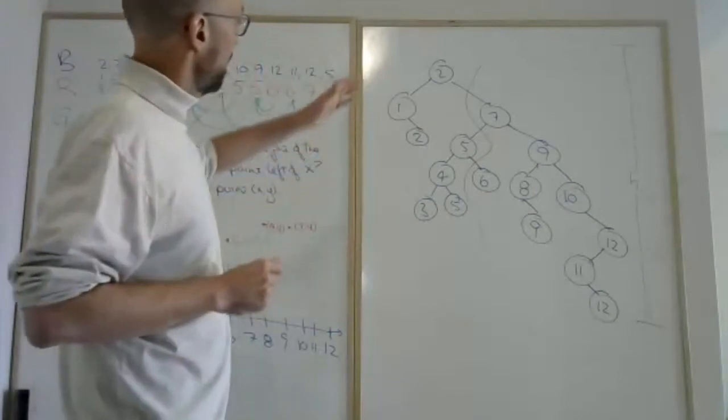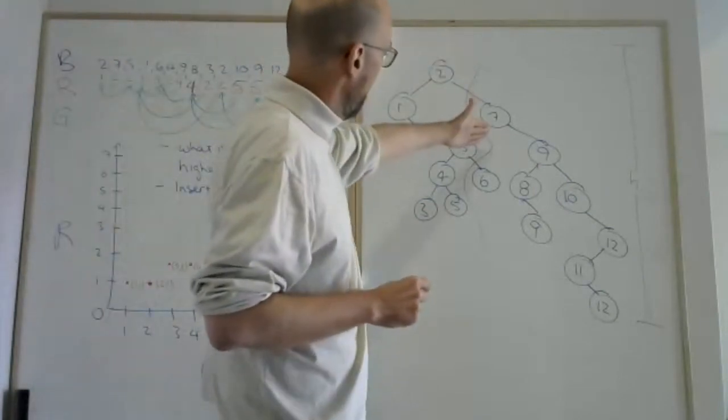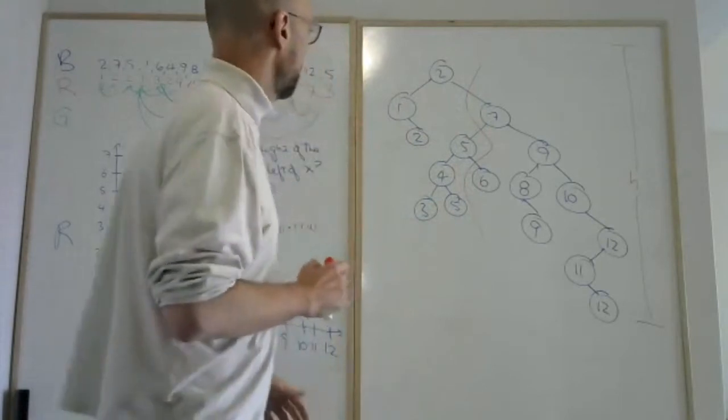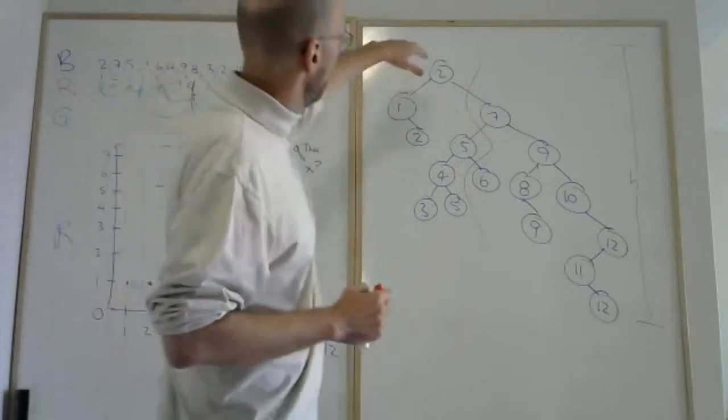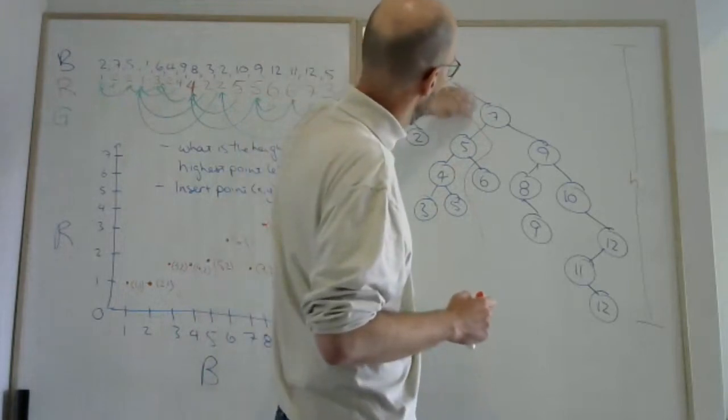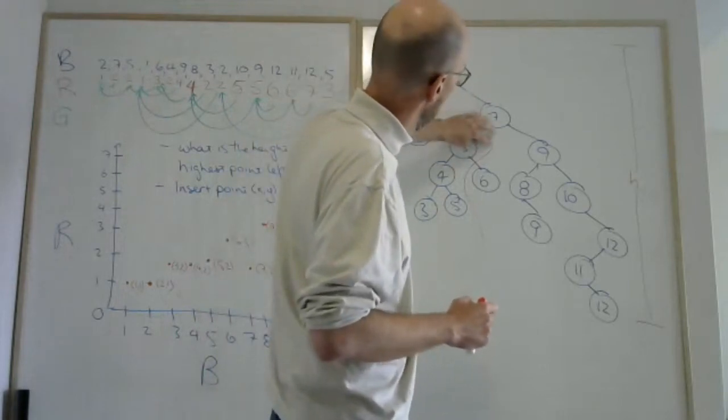Because it's one line that goes down here. So if you walk down from the root, okay, how do you find this line?